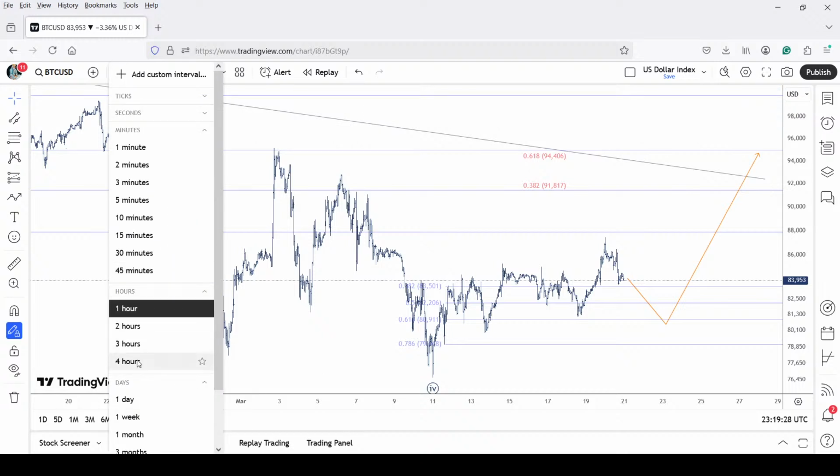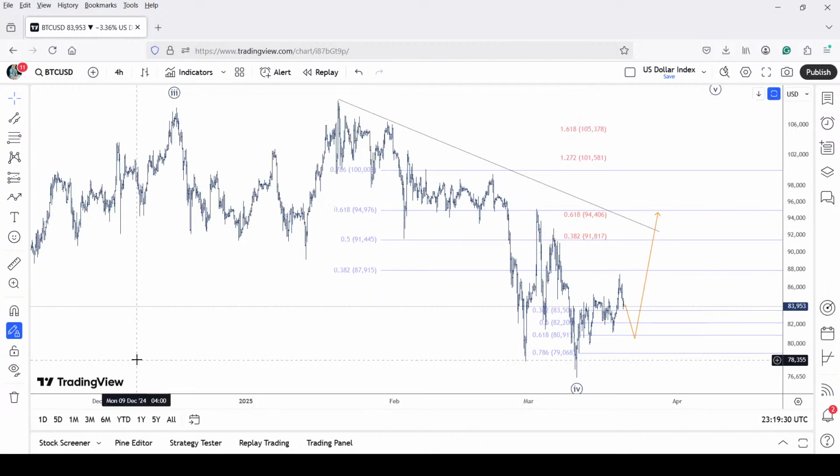Remember, please, in Bitcoin we are not buying for a new high, or a potential new high. So we are buying in anticipation of a corrective move higher.